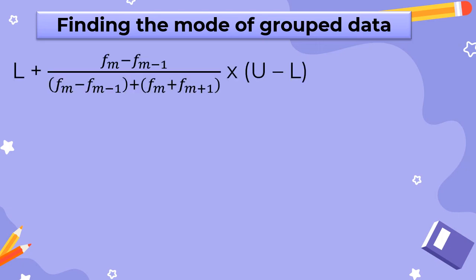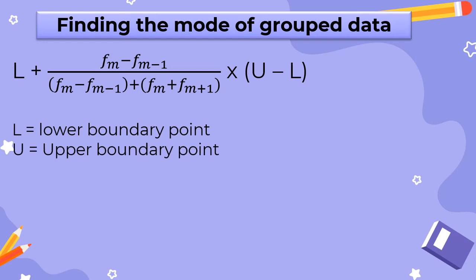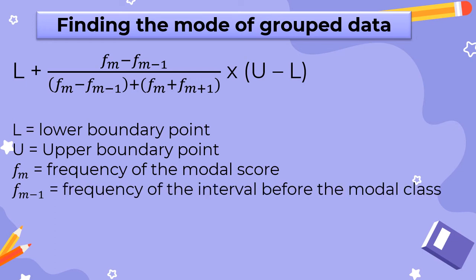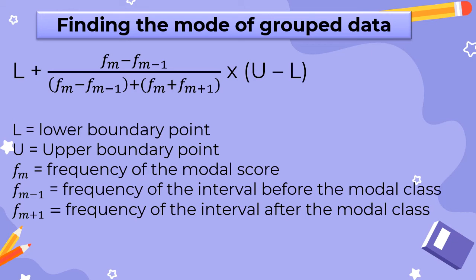In finding the mode of grouped data, we have a formula which is L plus (f sub m minus f sub m minus 1) divided by (f sub m minus f sub m minus 1 plus f sub m minus f sub m plus 1), multiplied by the difference of U and L, wherein L is the lower boundary point, U is the upper boundary point, f sub m is the frequency of the modal score, f sub m minus 1 is the frequency of the interval before the modal class, then f sub m plus 1 is the frequency of the interval after the modal class.